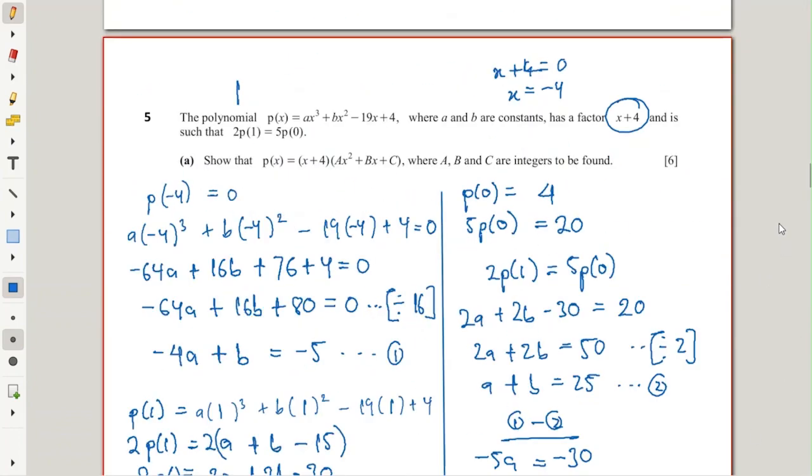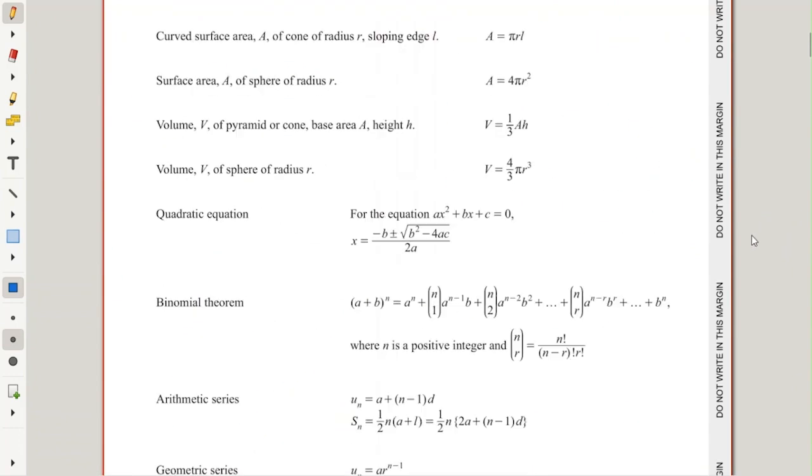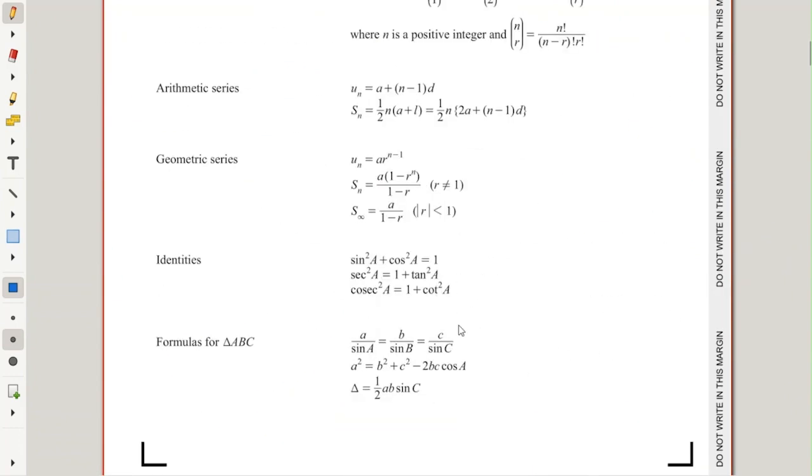If you have forgotten, just go back to the formula sheet. I just want to quote it for you. So you can see it here, right here. But in this case, our angle is theta. So let me use theta.